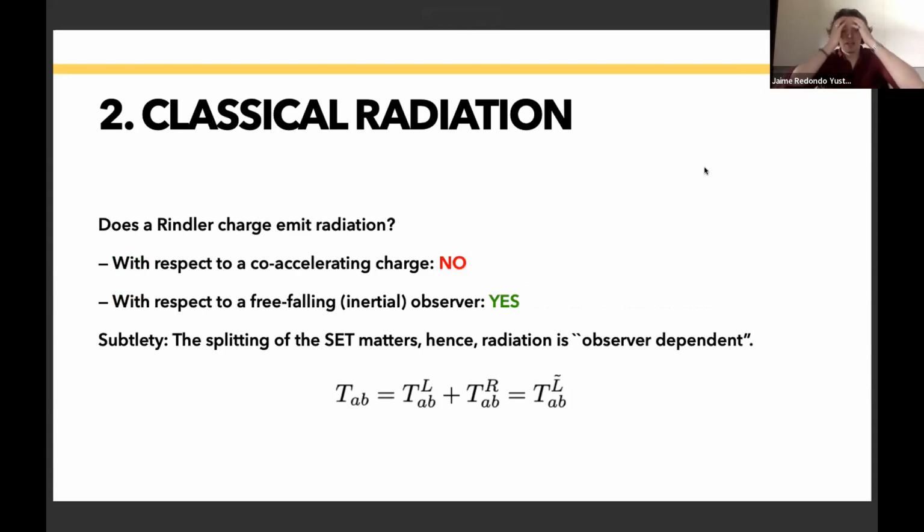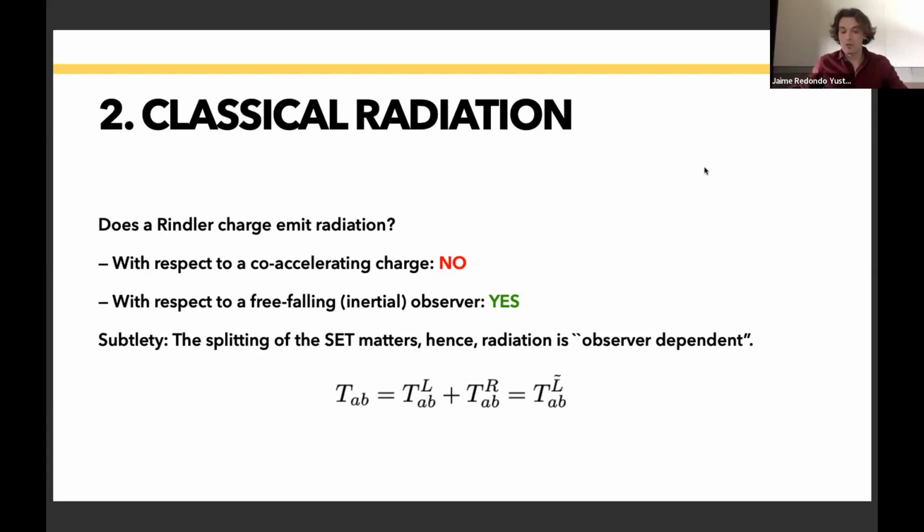Now let's move to the case of a Rindler charge. That again can be seen just as a charge that is sitting on your desktop. It's being restrained from falling to the earth. So with respect to an inertial observer, it would be with a constant acceleration. The question here on whether this charge emits radiation or not is ill-posed because we have to specify with respect to which observer.